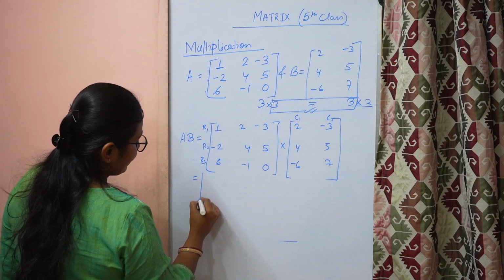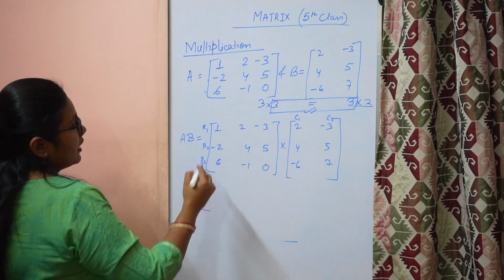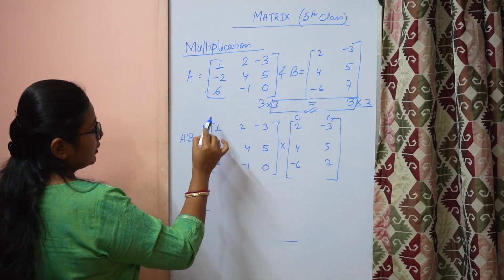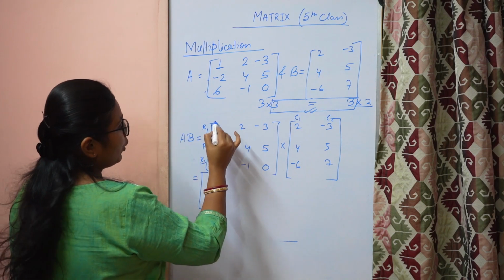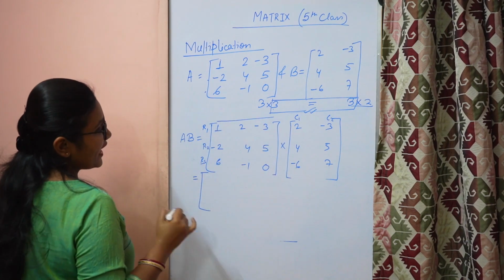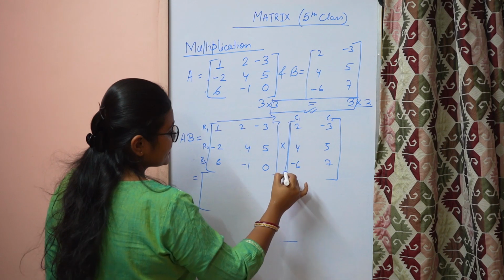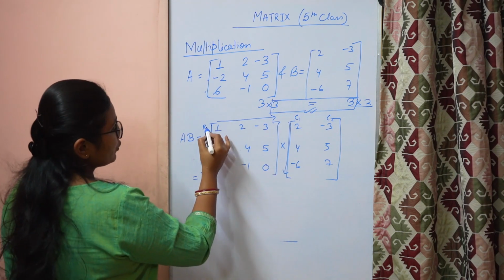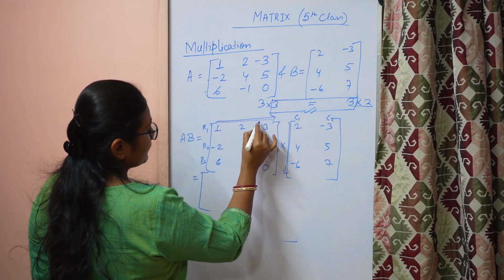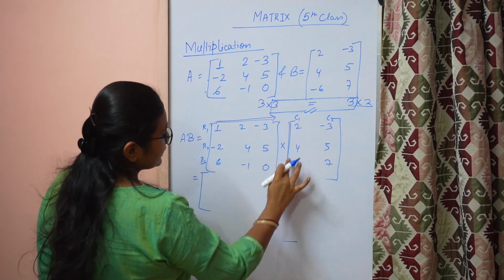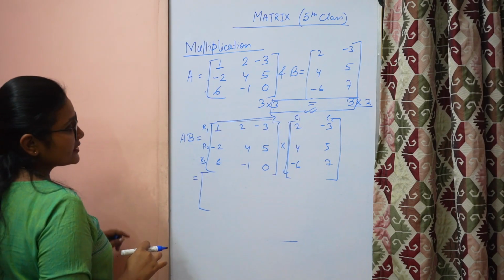The rule is that you have to multiply a row of the first matrix with a column of the second matrix.